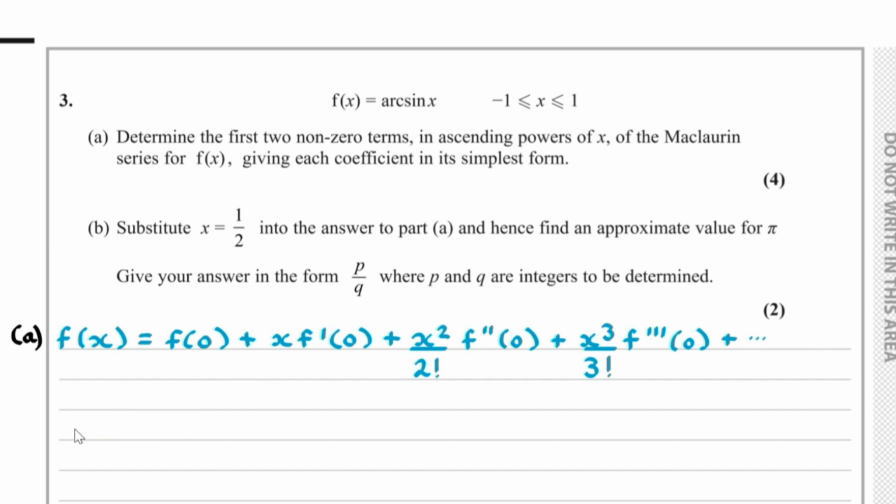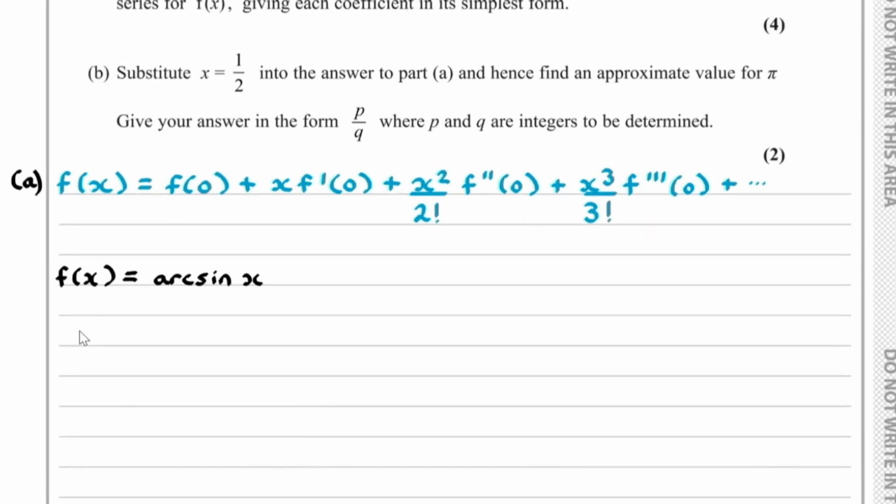So if we have f of x equaling the arcsine of x, we need to first of all find out f of 0, and f of 0 is equal to the arcsine of 0, which is quite simply 0. The inverse sine of 0 is 0.